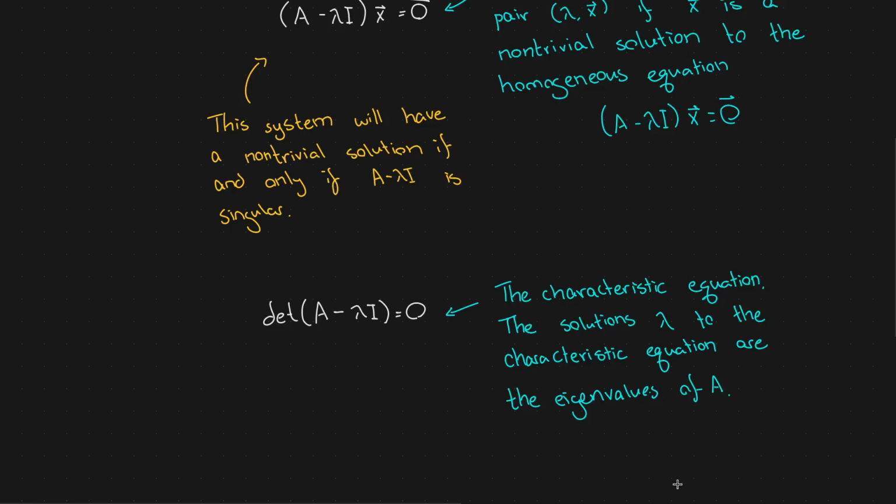Okay, so that gives us a way to find the eigenvalues of any matrix A. Just plug into the characteristic equation and solve. All right. Now, right now it doesn't look like it, but once we see this in action, once we actually find matrix A minus lambda I and take the determinant of the resulting matrix, we will see that we get a polynomial equation. Solving that polynomial equation will give us the eigenvalues of matrix A.